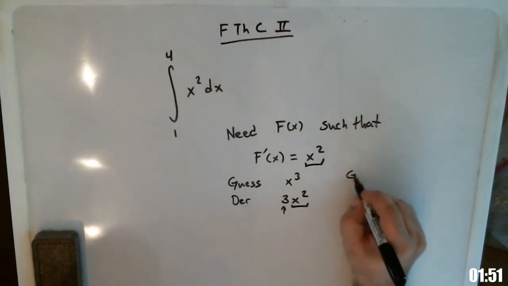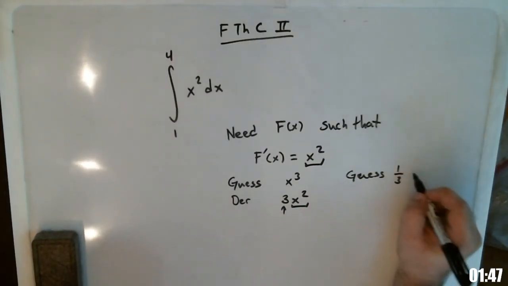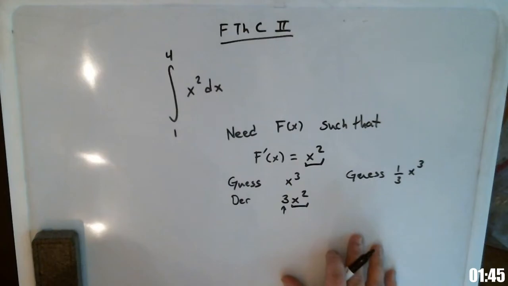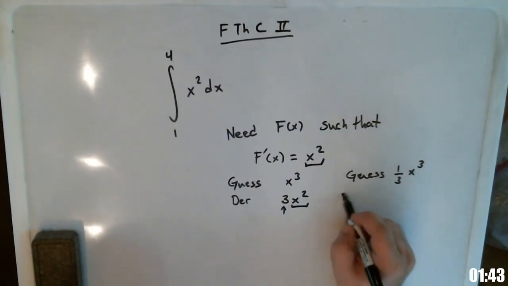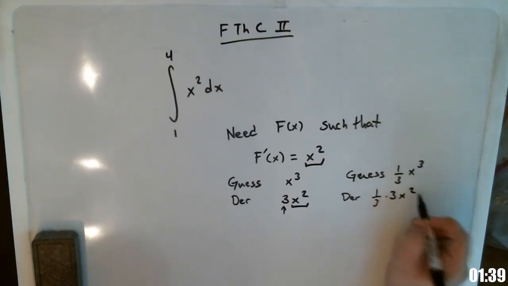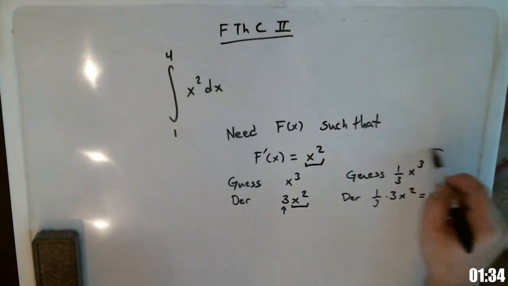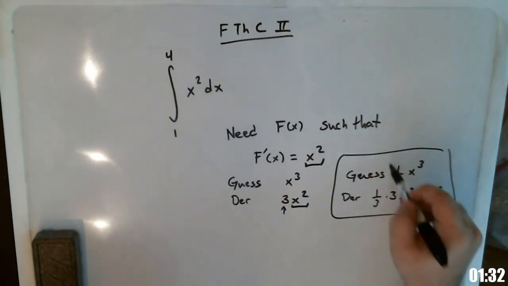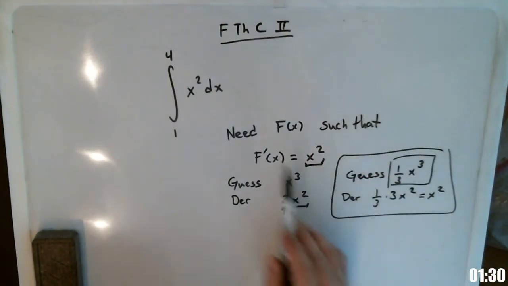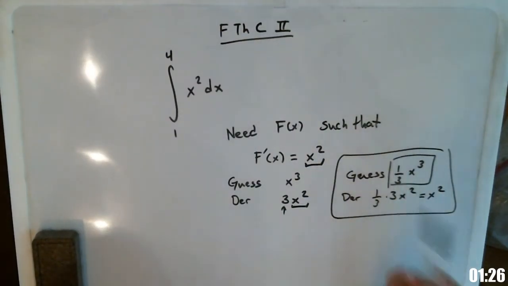So let's make a new guess: 1/3 times x cubed. Now when I take the derivative, I get 1/3 times 3x squared, which equals x squared. So my guess, 1/3 x cubed, is an antiderivative of x squared. In other words, its derivative is x squared.